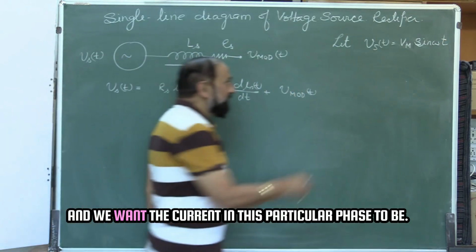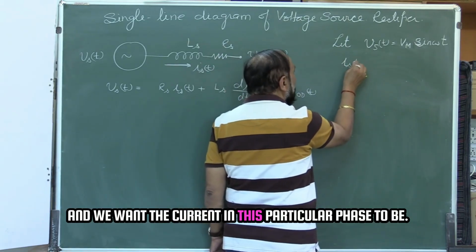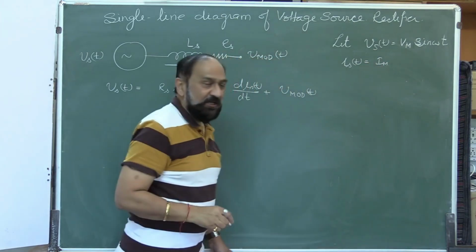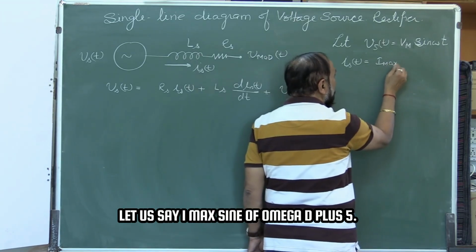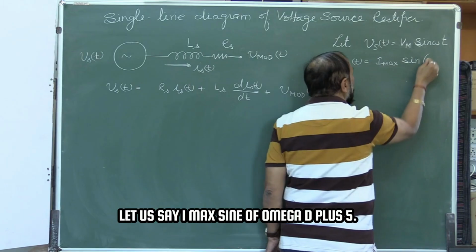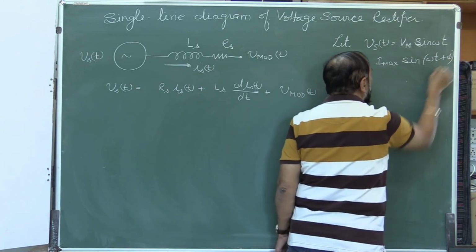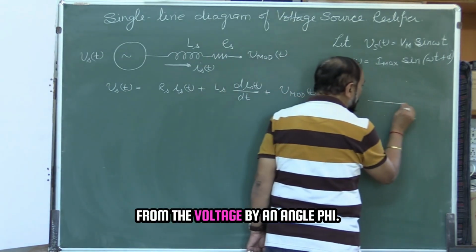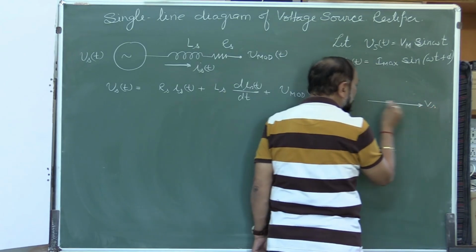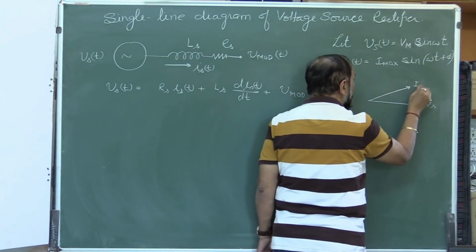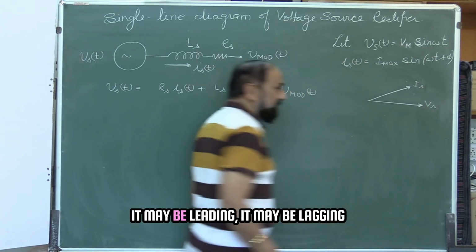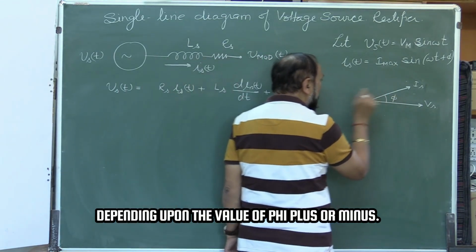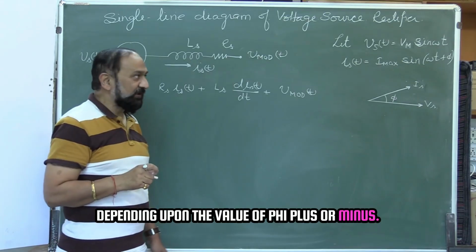and we want the current in this particular phase to be, let us say, I max sine of omega t plus phi. So the current is displaced from the voltage by an angle phi. It may be leading, it may be lagging, depending upon the value of phi, plus or minus.